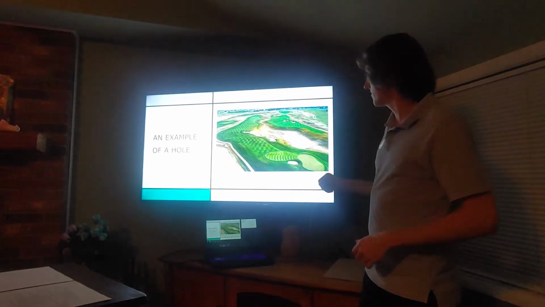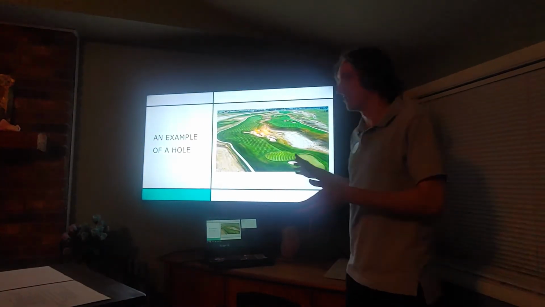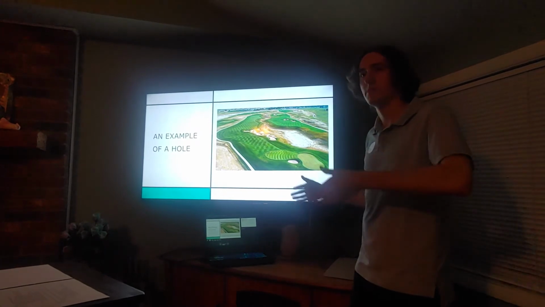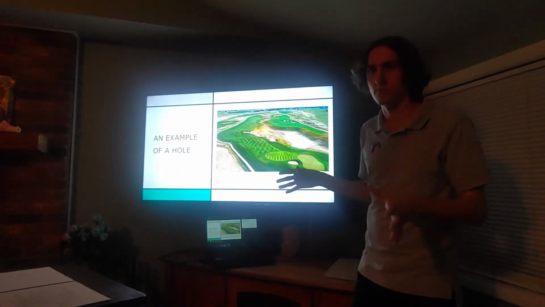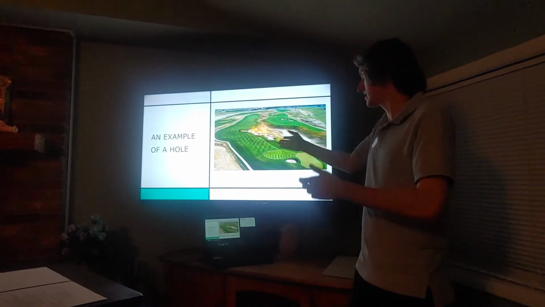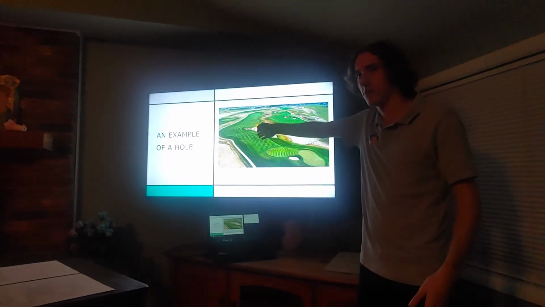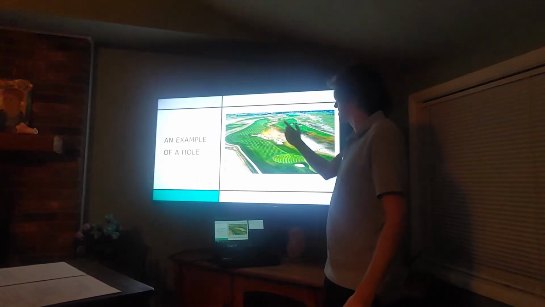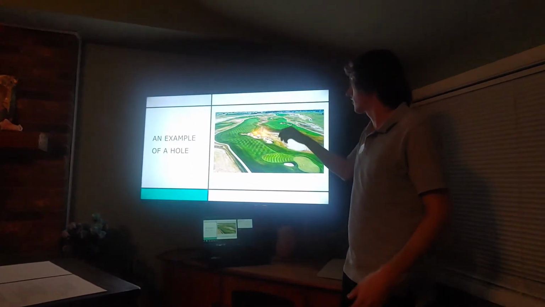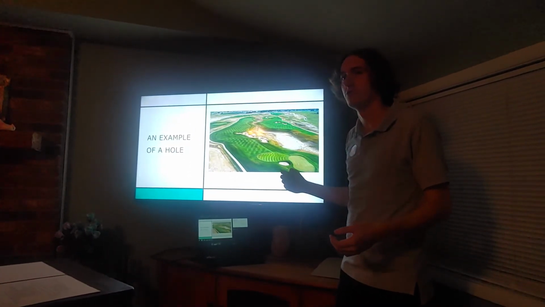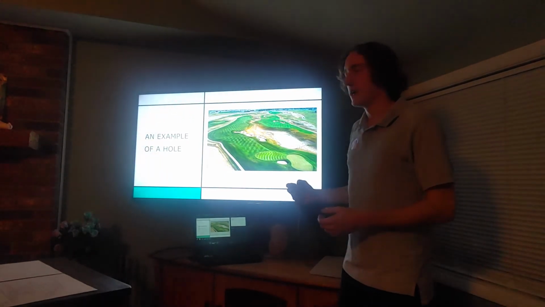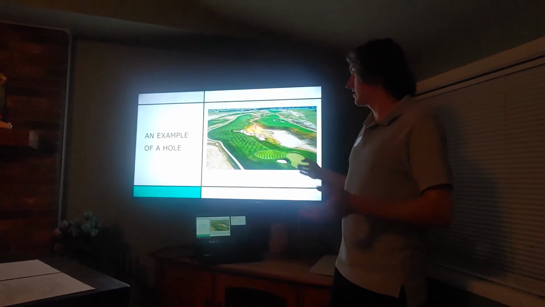Professionals will just try to play it as it lies, but if you're at the basic level, which I know is what we all are, you just take the drop and try to put it maybe right in that area in the rough, because that's what's called the rough, a bit taller grass. It's more difficult to get yourself out of. Just try your best to avoid all those areas.